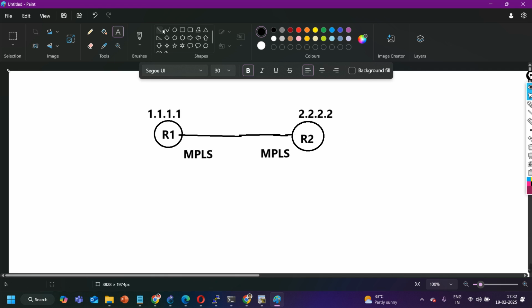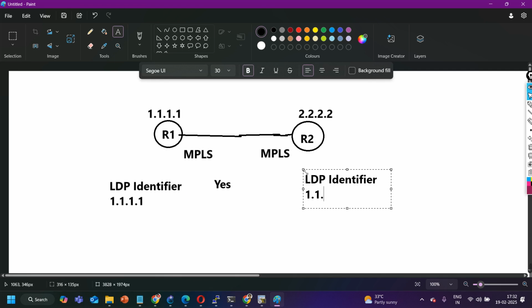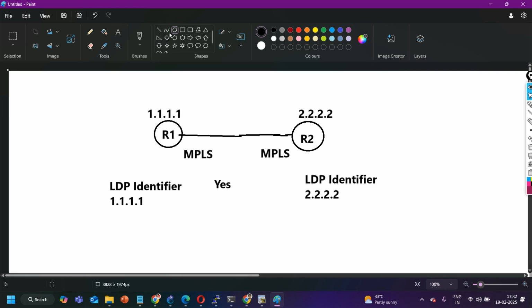Will LDP neighborship come up? If you are thinking yes, then you are wrong, guys. LDP neighborship will not come up between router 1 and router 2, because router 1 is going to use its LDP identifier, which will be 1.1.1.1 on router number 1, and the LDP identifier on router number 2 is 2.2.2.2. Now here you have to make reachability between 1.1.1.1 and 2.2.2.2, right?